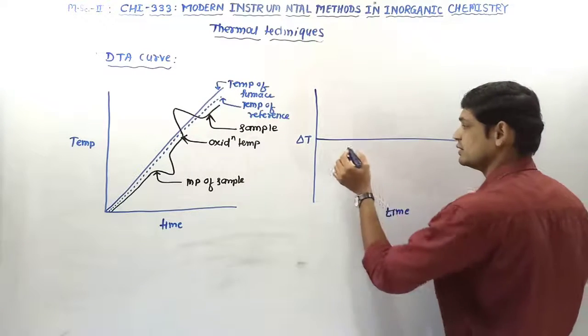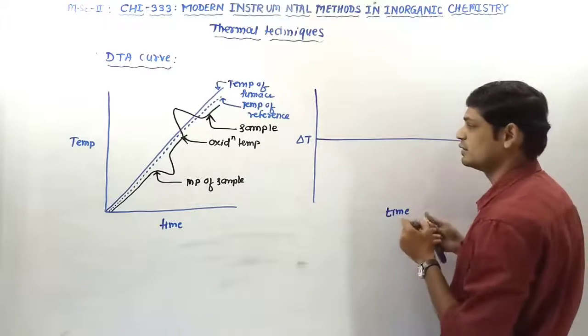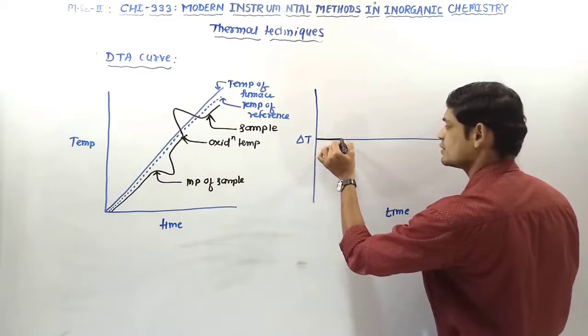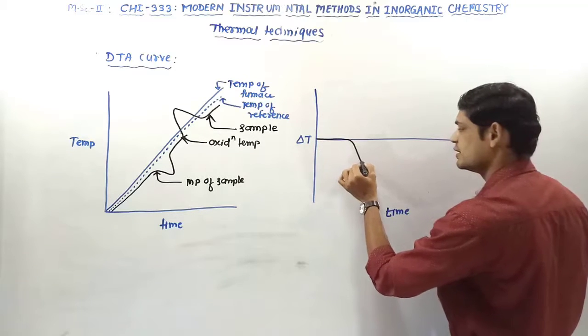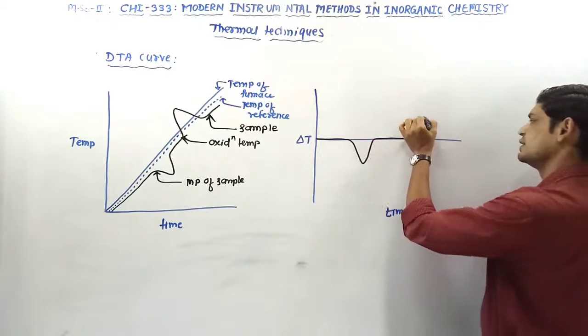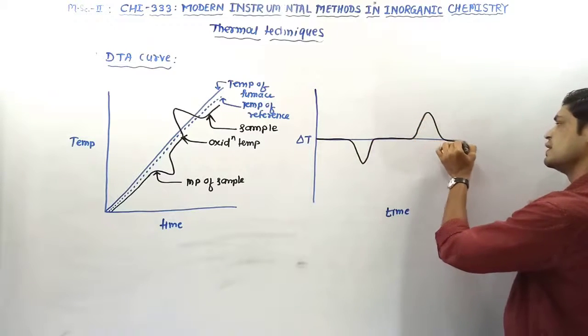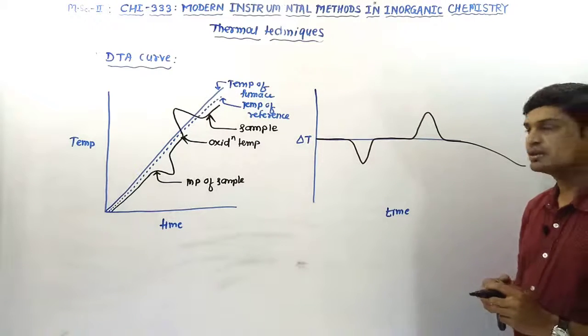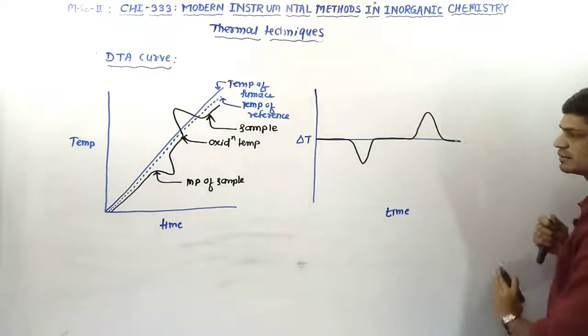Initially what happened? Temperature difference is constant. Afterward, temperature difference is lower. Again constant. Then increases. Then decreases. And so on. Got it? You can skip that part.